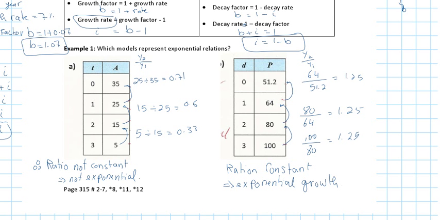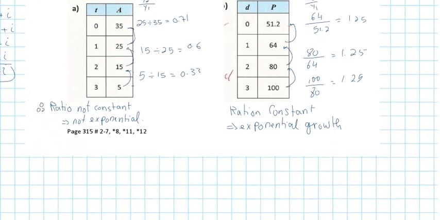So it's exponential growth when the ratio is greater than 1, right? We're explaining more here. Are we okay with this? Yeah. All right.